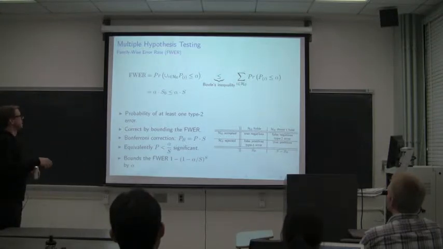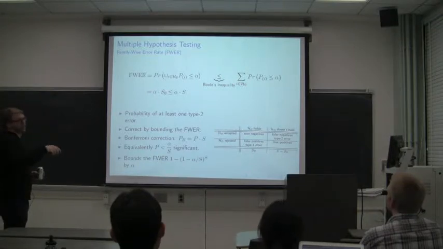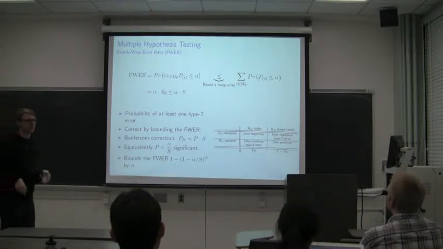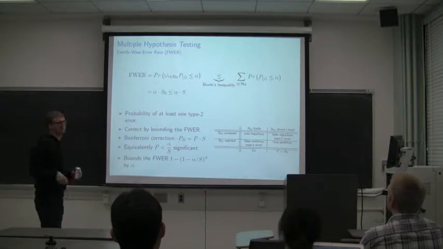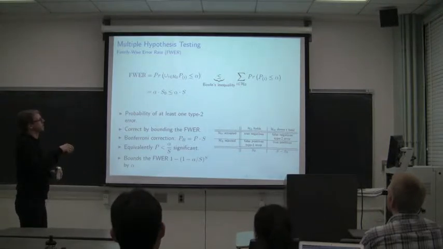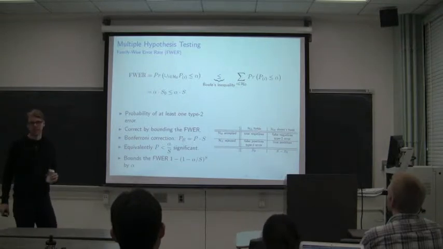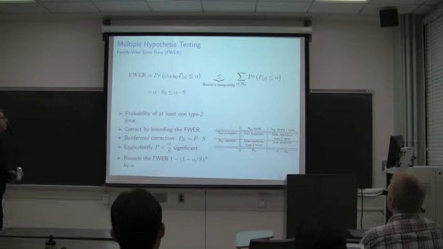Because all of these probabilities are alpha, the sum here is just alpha times the number of tests where the null hypothesis is true. So this is alpha times S0, where S0 is the number of null hypotheses in our data set. And this is obviously smaller or equal than the number of total hypotheses that we're testing. Okay?